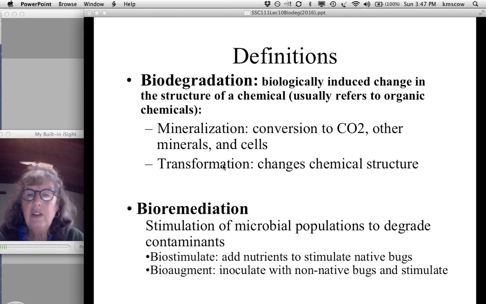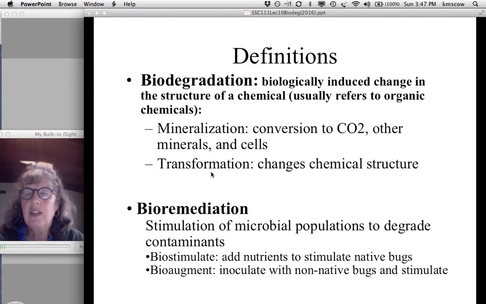Another kind of definition is transformation, where there can be a change in the chemical structure of the contaminant, but we can't always guarantee that transformation makes it less dangerous. Sometimes it ends up creating a chemical that's more of a hazard to health and to the environment. So we have to be very careful about this definition of biodegradation, what exactly we mean by it.